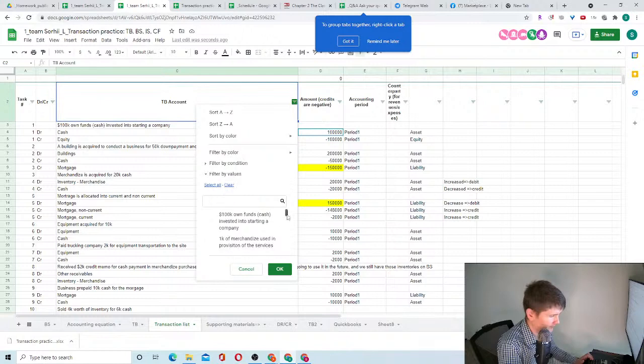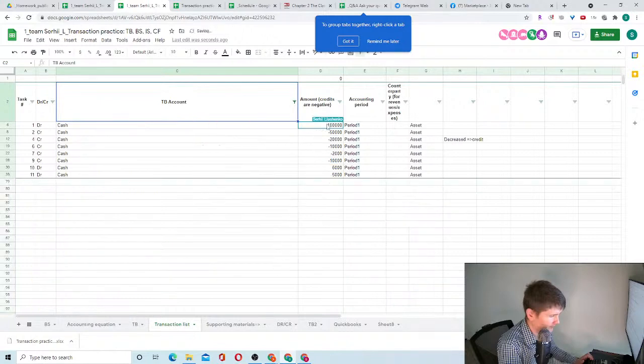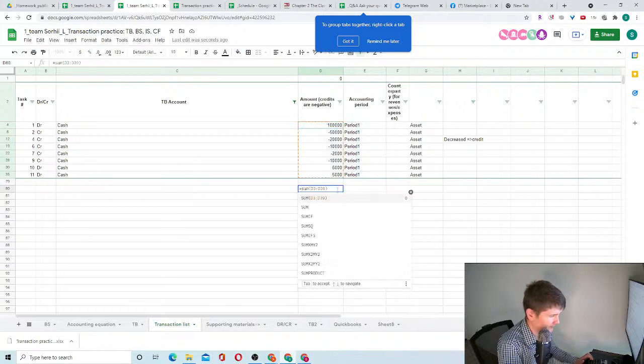Clear and pick cash. Okay, and we select all of that, and in the right corner on the bottom there will be a sum which will say that it is 19,000. Okay, let's try this.